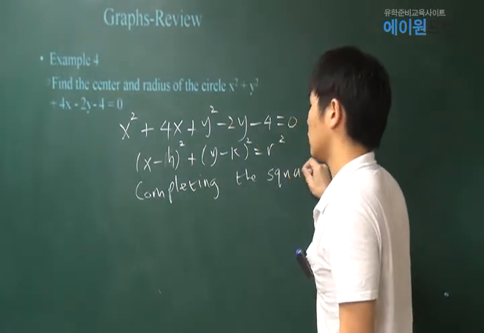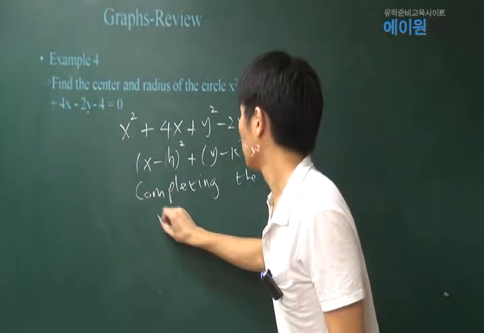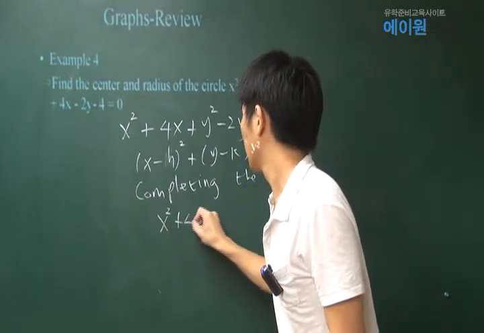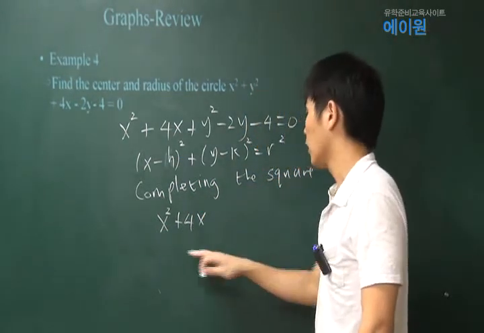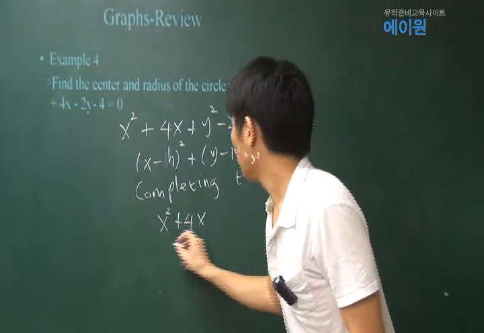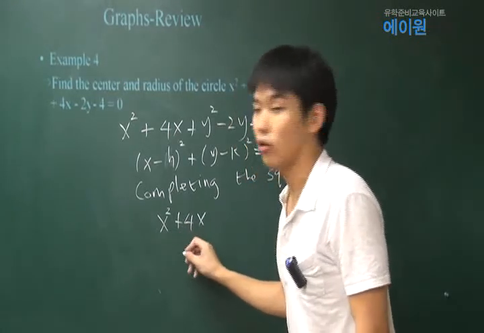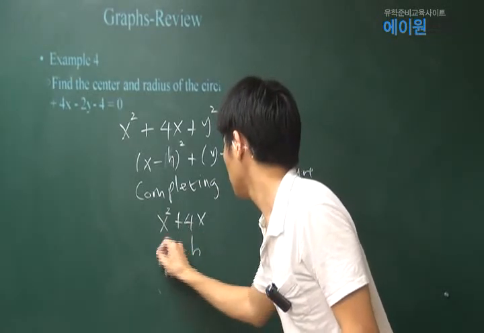So in this case, we know that the x terms are x squared plus 4x, okay? Now, I hope you know your algebra well. So x squared plus 4x comes from what? If you look at the original polynomial form, this comes from x minus h squared.